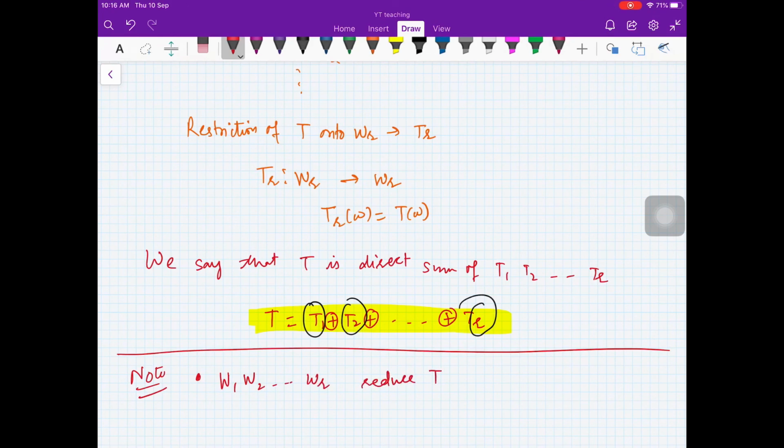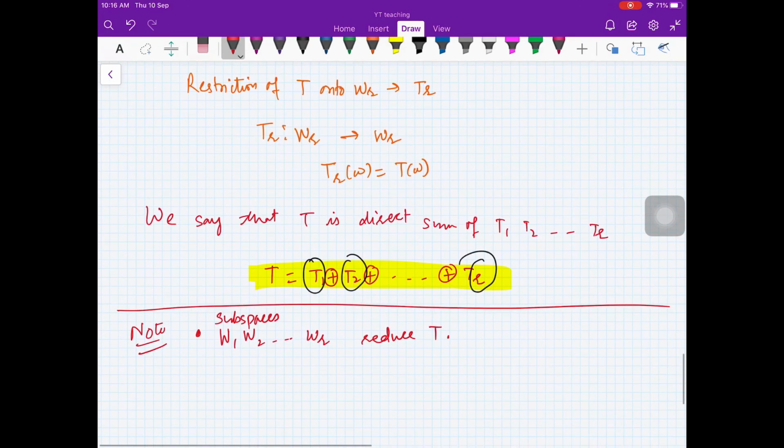There may be a statement like this: do these spaces reduce T? It means that you have a direct sum decomposition of the vector space, and hence a direct sum decomposition of your linear transformation. So we say that subspaces W1, W2, WR reduce T, or that they form a T invariant direct sum decomposition of V. That is the same thing, right?